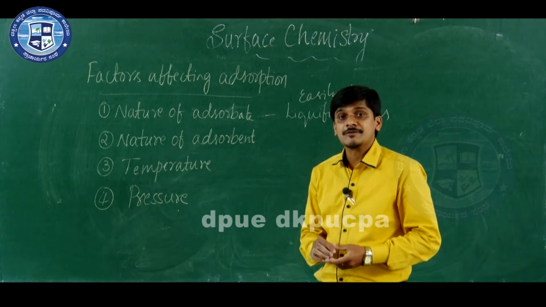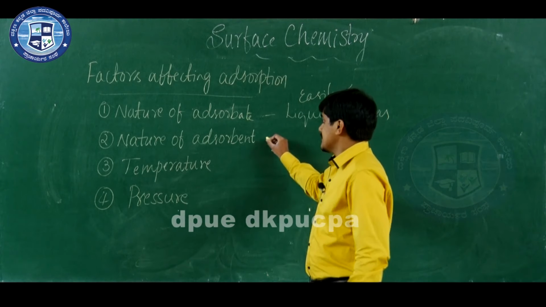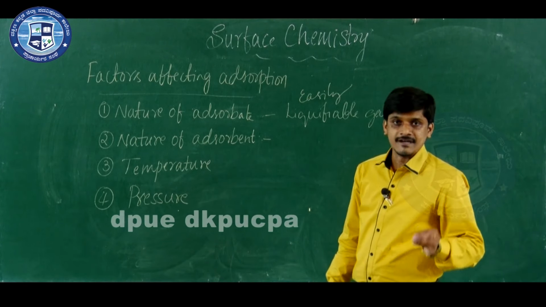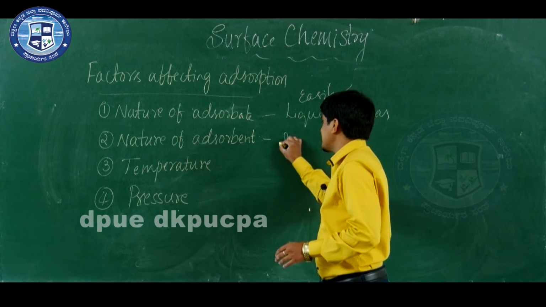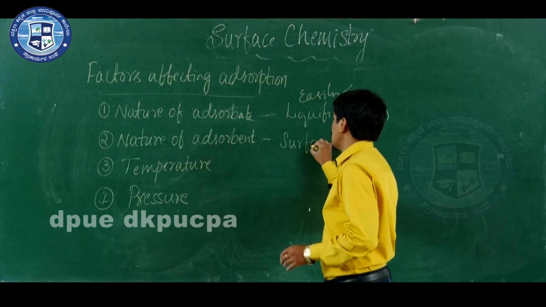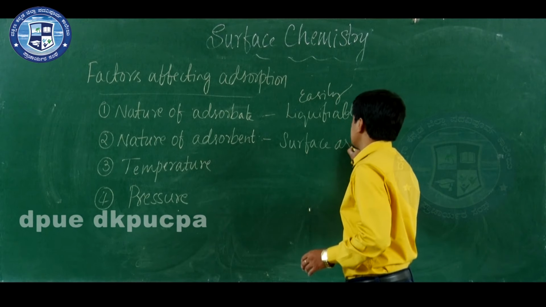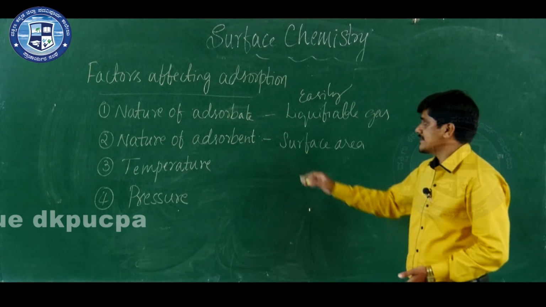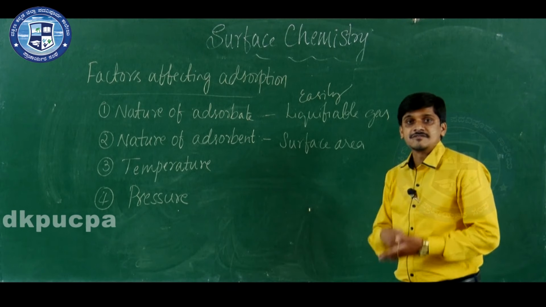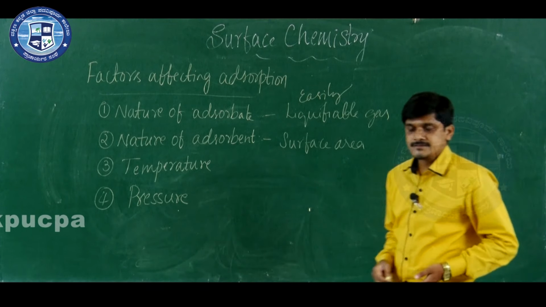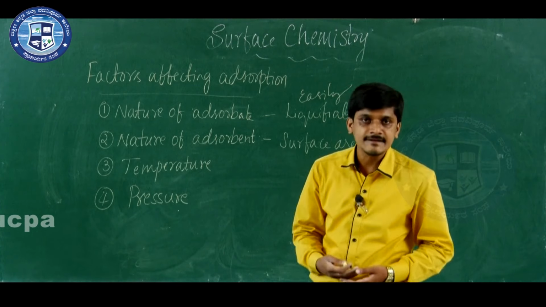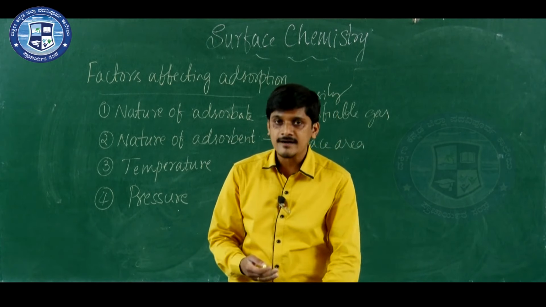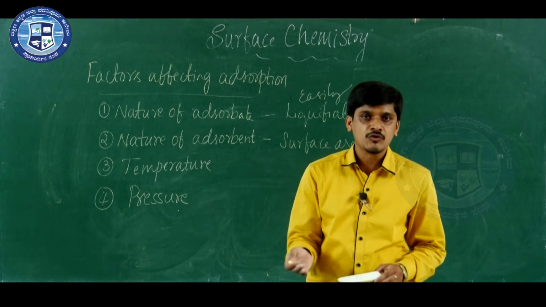Whereas nature of adsorbent, that is very important, surface area. If the surface area of the adsorbent is more, then adsorption will be more, because as the surface area increases, the number of active sites on the surface will be more.